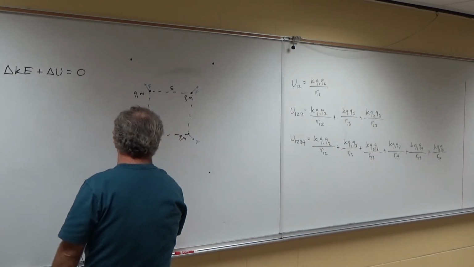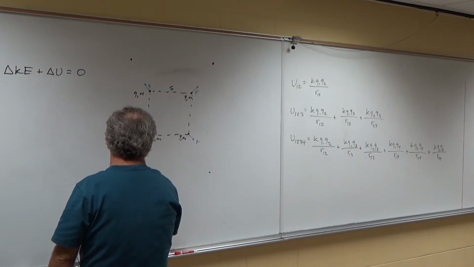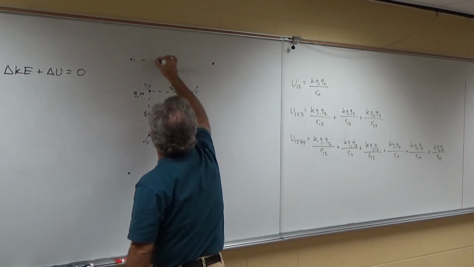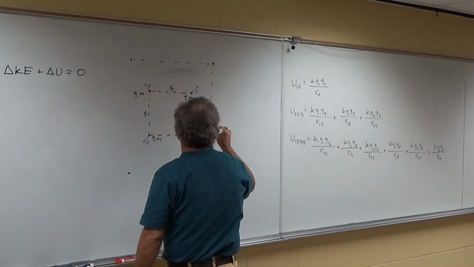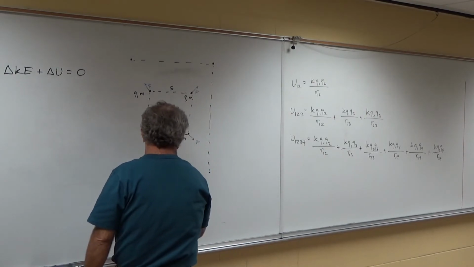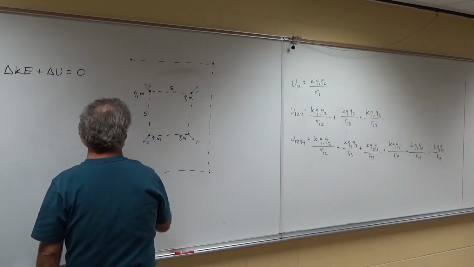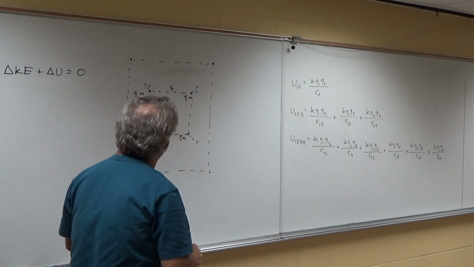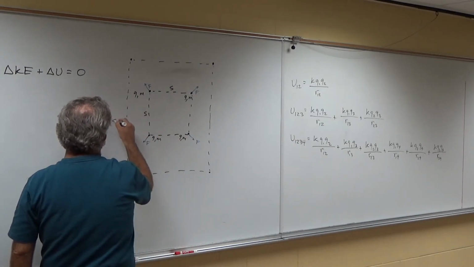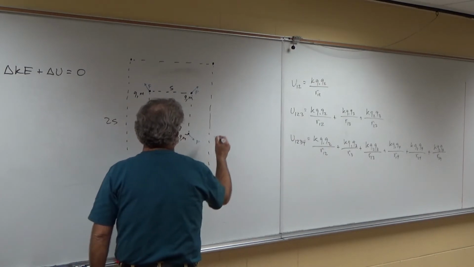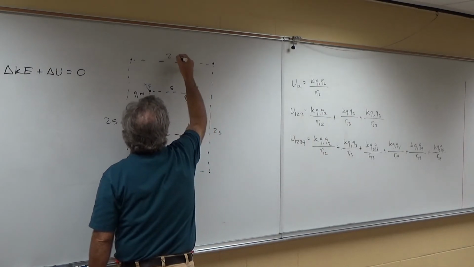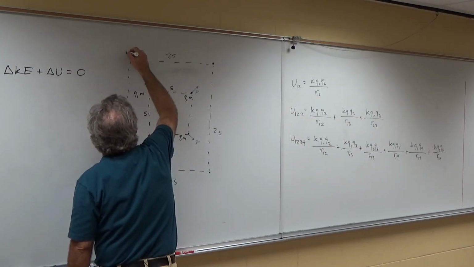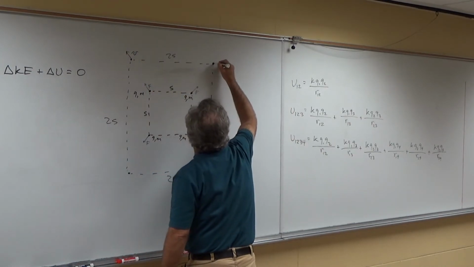So now they've had time to move to a point where they are separated by a distance 2s. Because of the symmetry, and I'm not drawing it perfectly by any means, but now the square has side length 2s, 2s, 2s, 2s. Okay. And the charges have some velocity v.